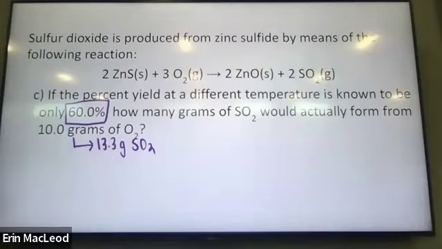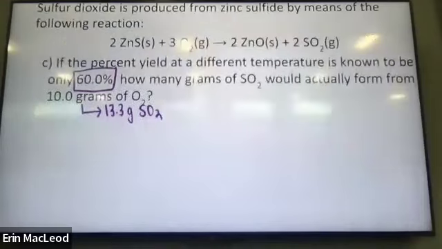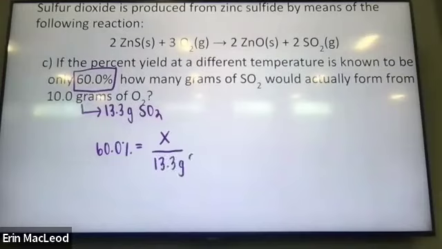Does this one work 100%? No. What percent is it this time? 60. So we can say 60% equals our actual, which we don't know, over our theoretical times 100. And we can figure out, well, I should make 13.3 grams.